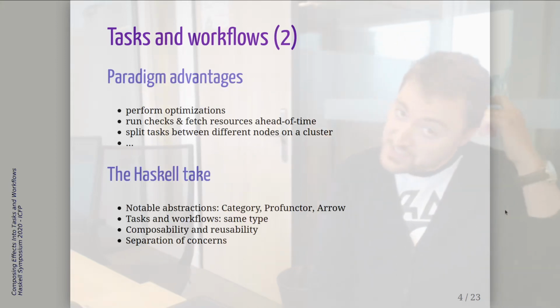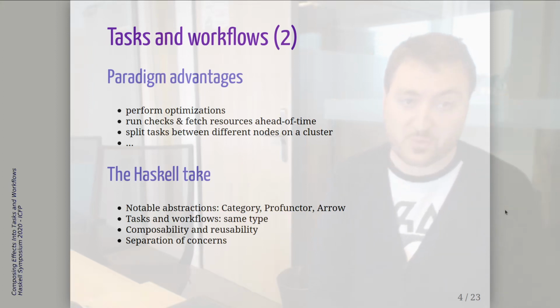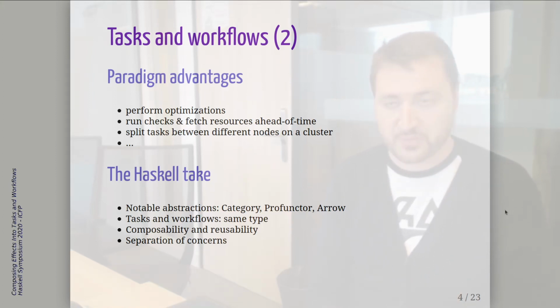The advantage of this paradigm is that when this structure is made static, when we know in advance which tasks are going to be performed in the pipeline or in the workflow, we can use that structure to perform some optimizations.